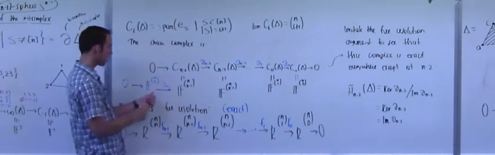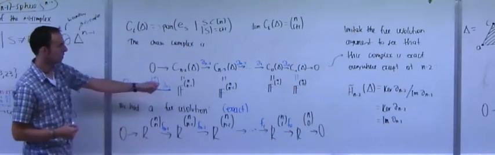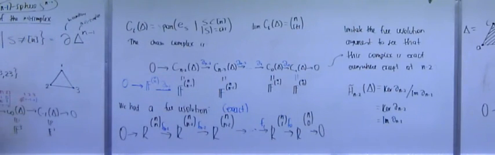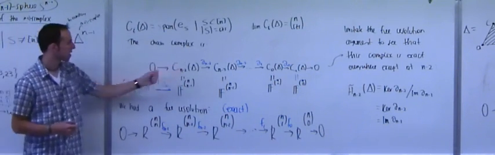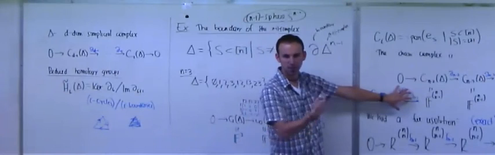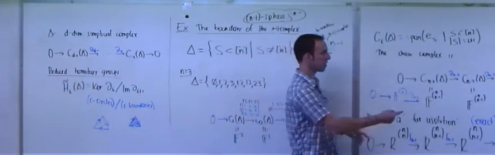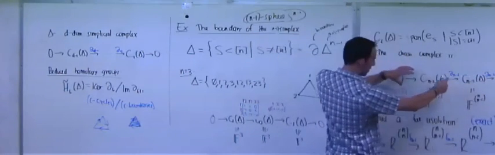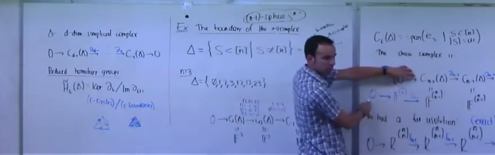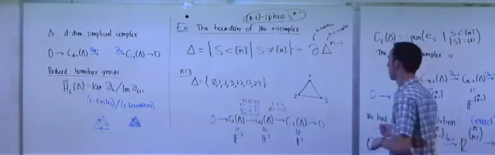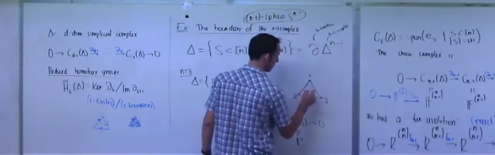I mean, you should think about when I do this algebraic trick, what am I doing topologically? What I'm saying is my chain complex doesn't have this n minus 1 dimensional face, and I'm kind of fake adding it. So in other words, this complex that I take when I go all the way over here, and then instead of going to 0, I come down here, then basically what I'm doing is pretending that this guy is full.